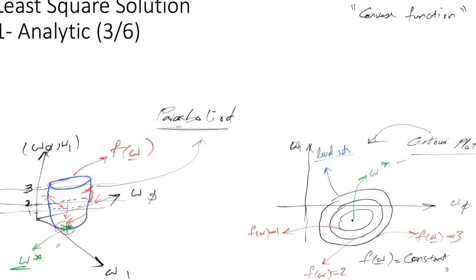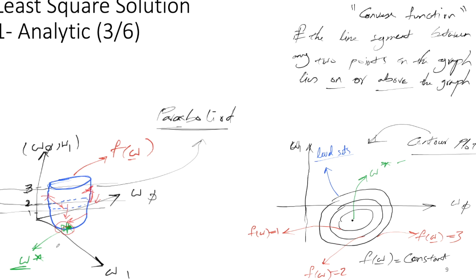Let's just double stress the thing that I mentioned about convex functions. A function is convex if the line segment between any two points on the graph lies on or above the graph. If you take a look here, this is also a convex function.